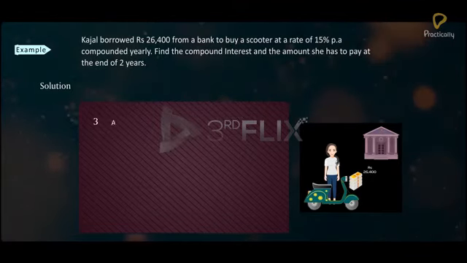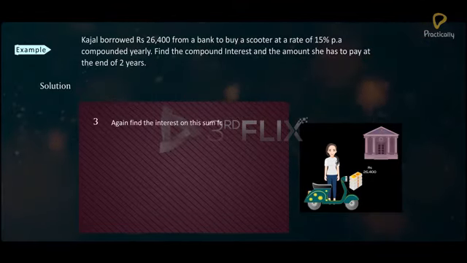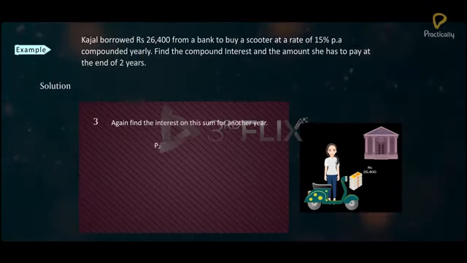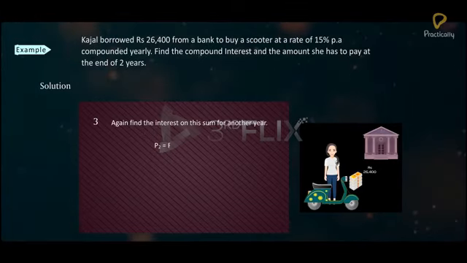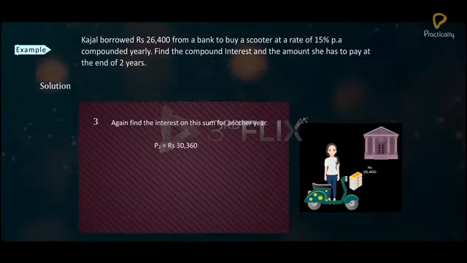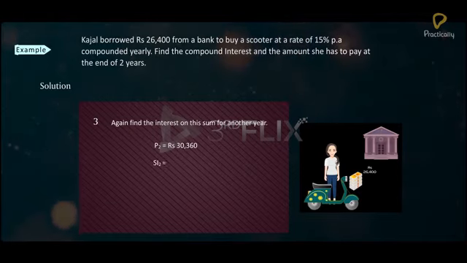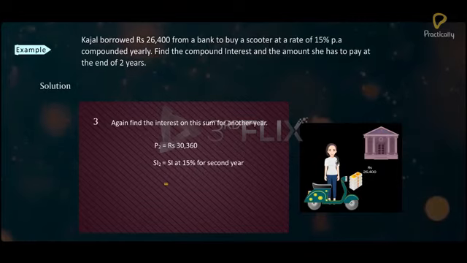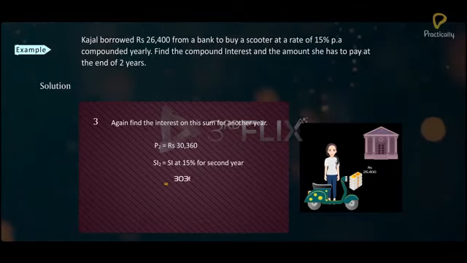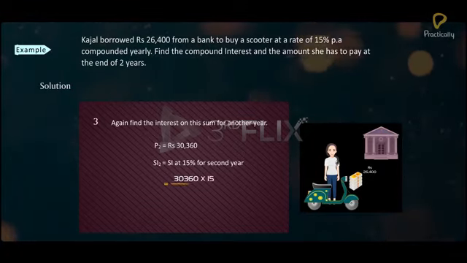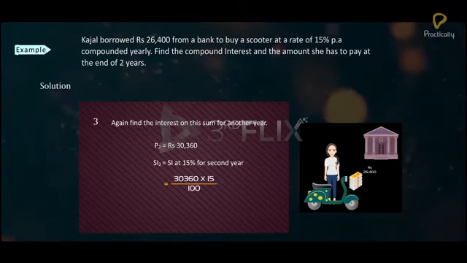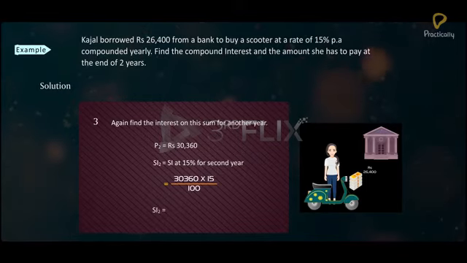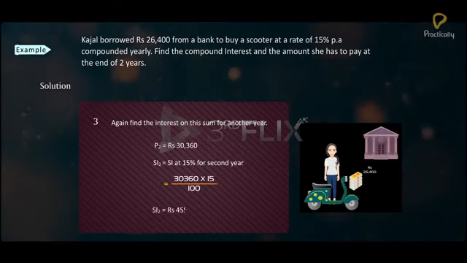Third, again find the interest on this sum for another year. Principal P2 is equal to Rs 30,360. Simple interest at 15% for the second year is equal to 30,360 into 15 by 100. Simple interest is equal to Rs 4,554.